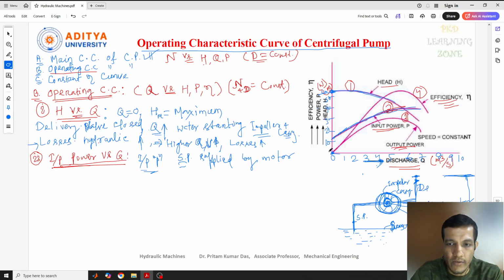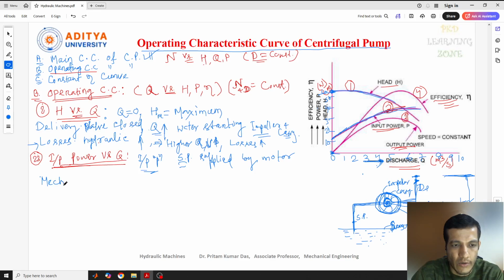Second point, the first question will be, why does it not start from the origin? Again, the same thing: some mechanical losses will be there.